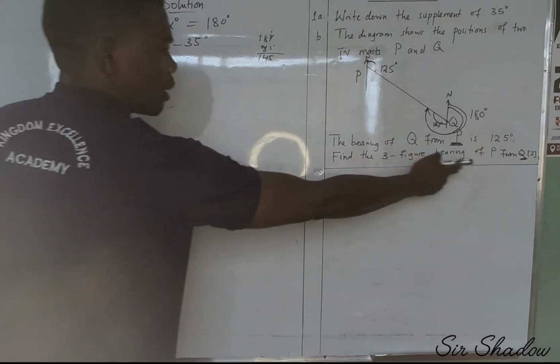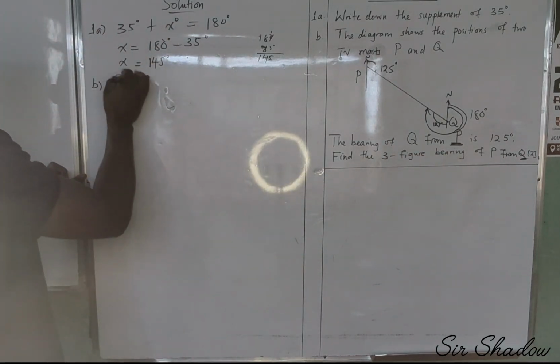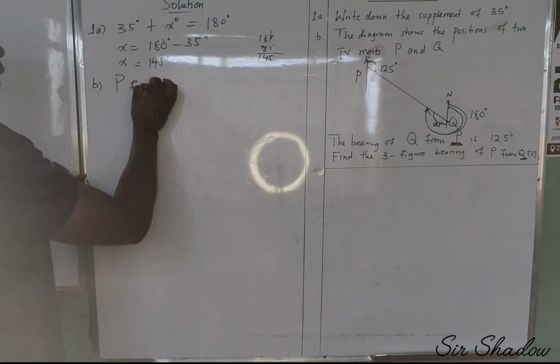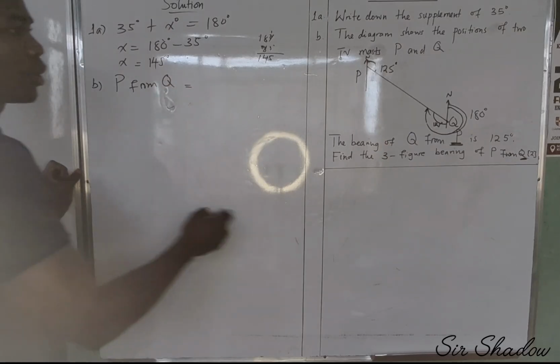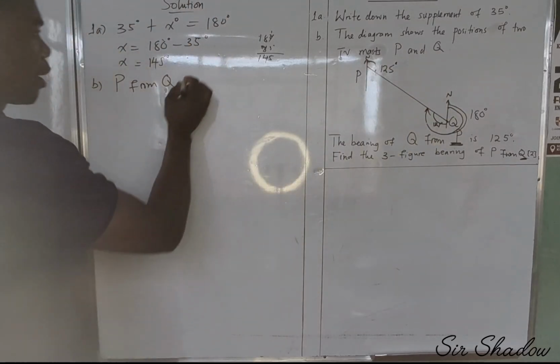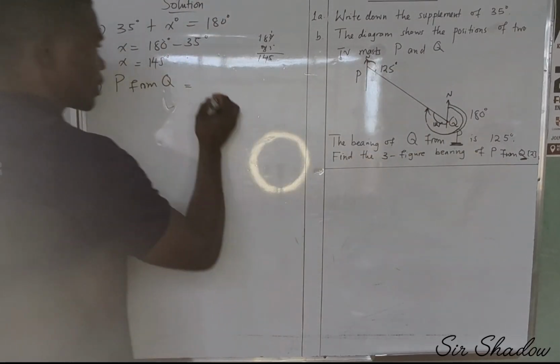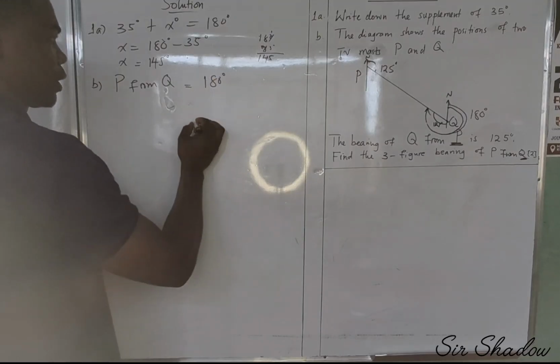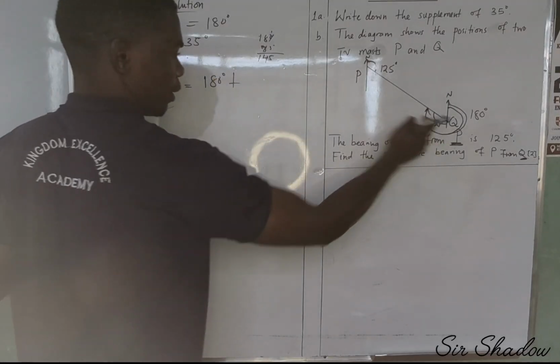So in other words, the bearing of P from Q is equal to, applying the concept of Z angles, this 180 degrees outer here plus 125.